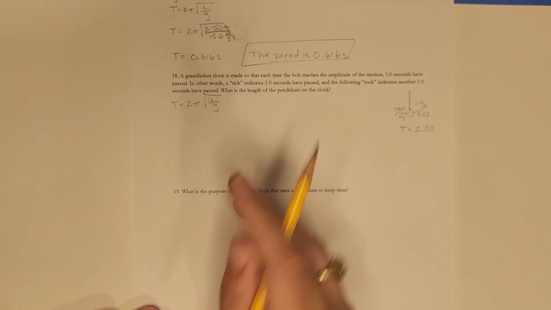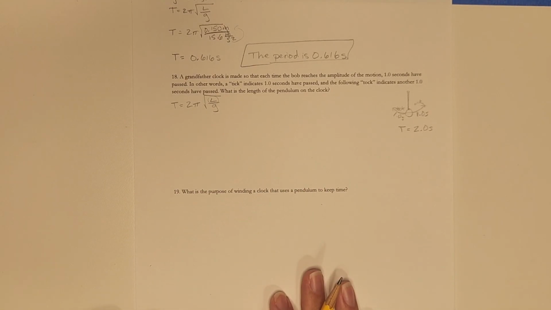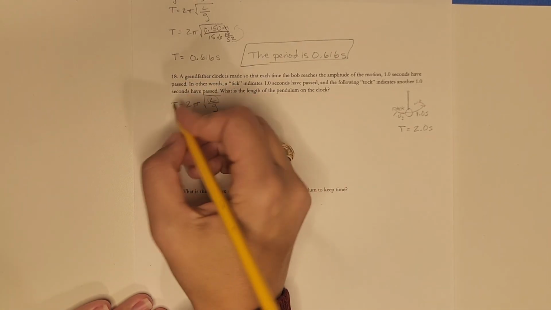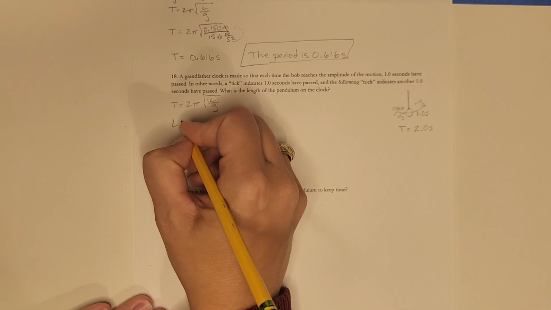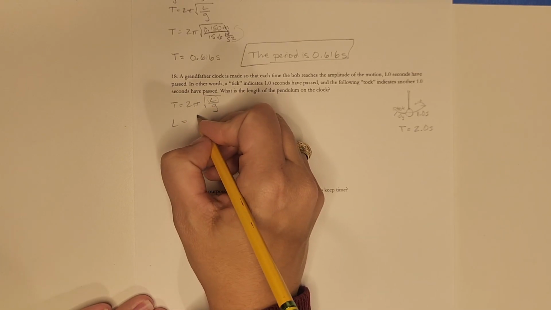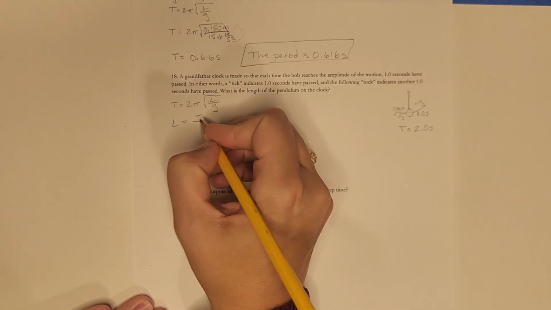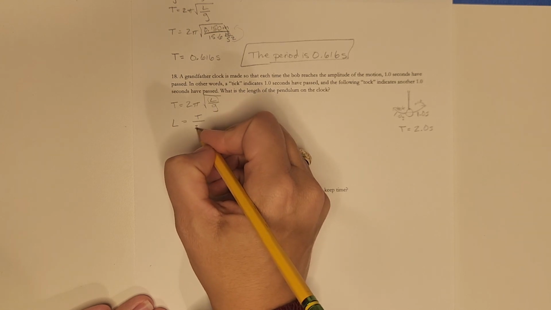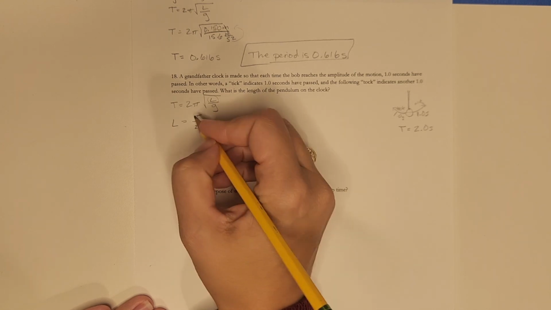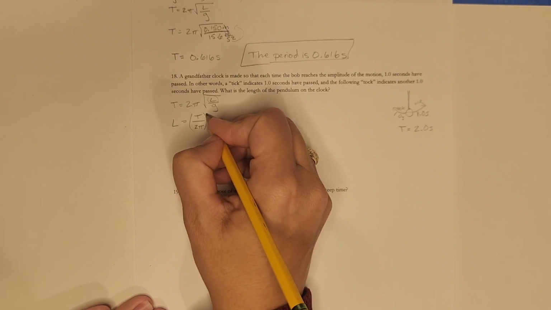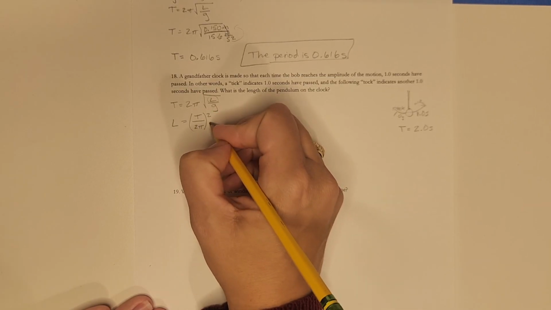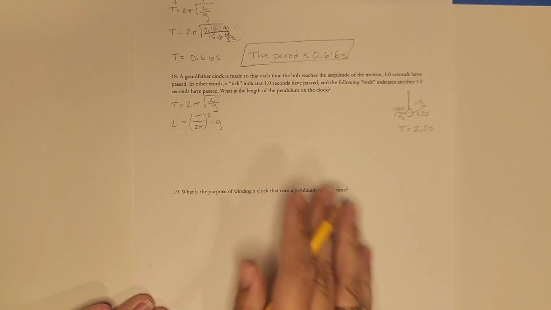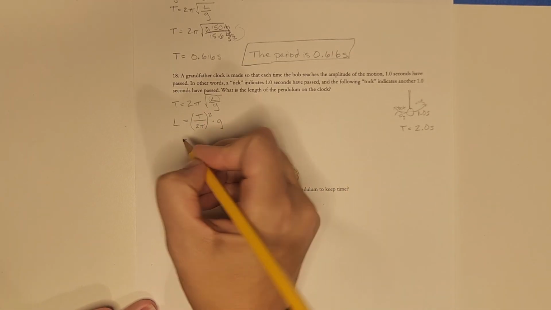Length is the only thing that we don't have for this equation. So let's solve for length. We're going to get T divided by 2 pi, and all of this squared, times gravity. And we can plug that in.